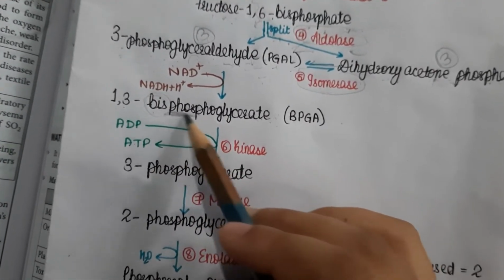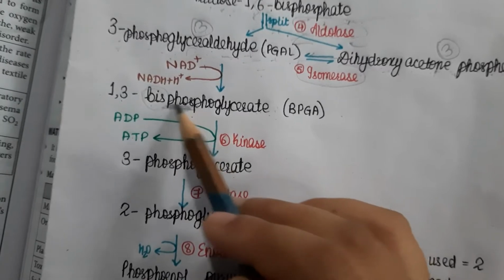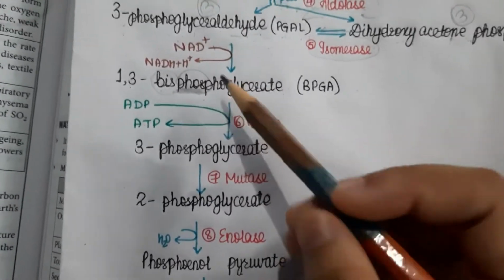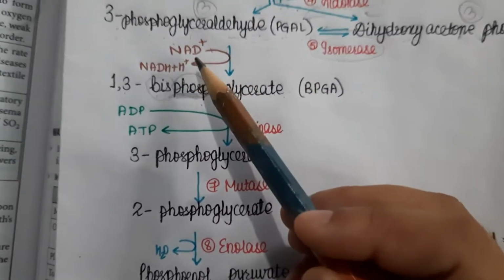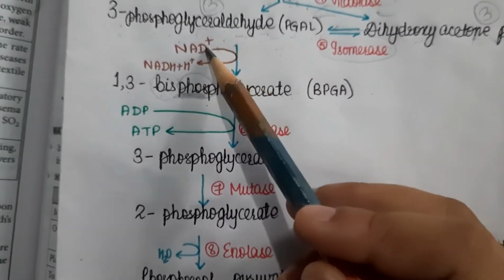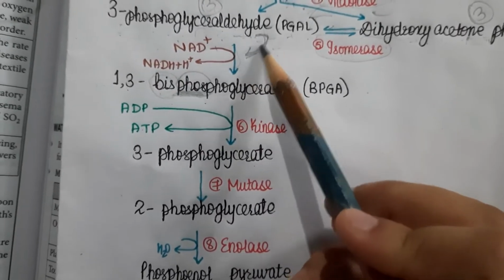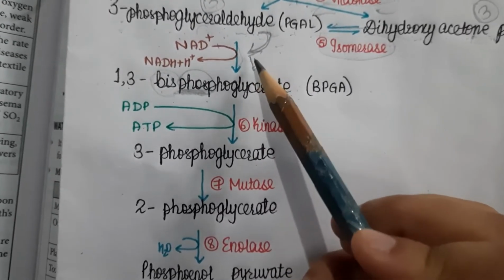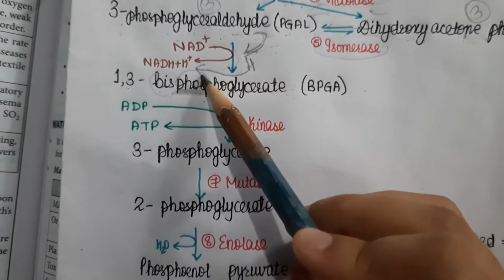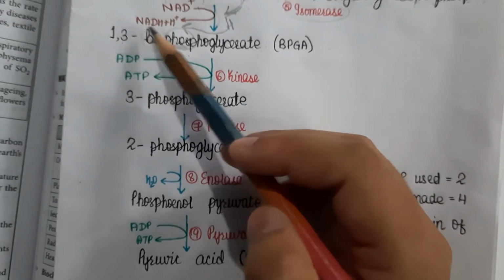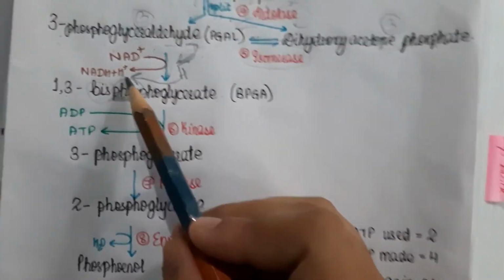For the addition of any phosphate group, we saw that there was a need for energy. Here the energy is given by NAD plus, by receiving hydrogen from this compound, PGAL. NAD plus gets converted into NADH plus H plus.